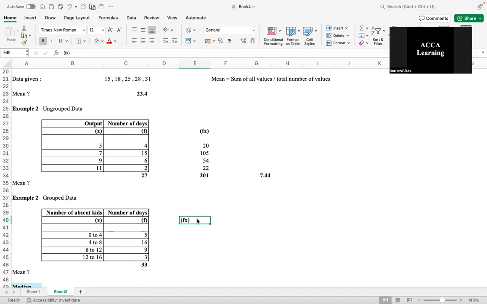Now, in this case, you have to firstly ungroup the grouped data, correct? So you add your higher value to your lower value and divide it by 2. You have to take the average of your group data to ungroup it. So if we talk about 0 to 4, you do 4 plus 0 upon 2, which will give you a 2.